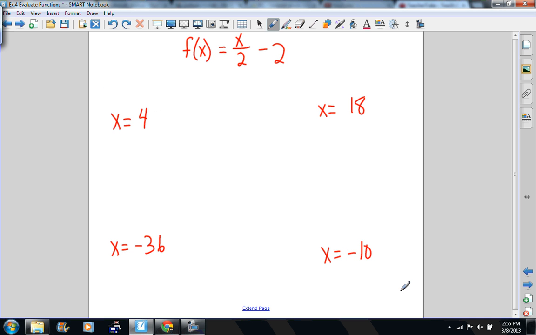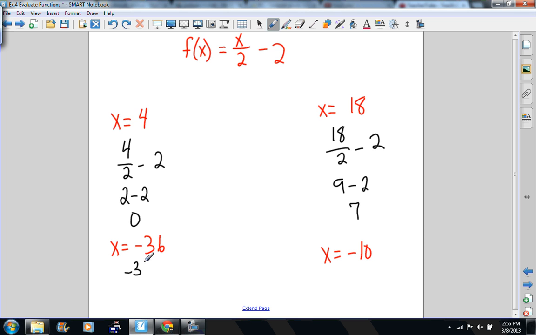Now, if we have some division, it's the same idea. I want you to try these on your own and see what you get. So, 4 divided by 2 minus 2, that's 2 minus 2, which is 0. 18 divided by 2 minus 2. Well, that's 9 minus 2 is 7.